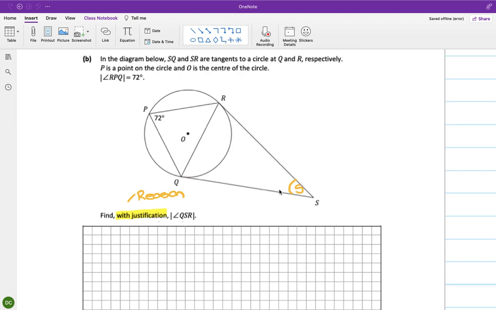Right. I think definitely the first thing you need to do is draw in these two radii. Can we see anything so far?